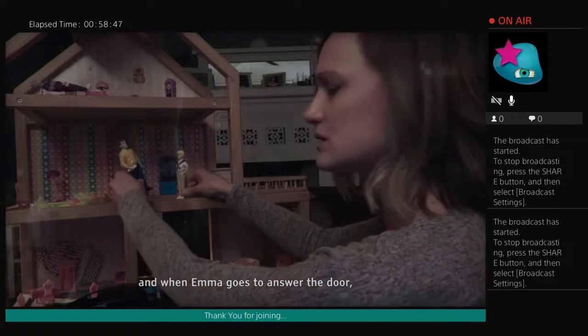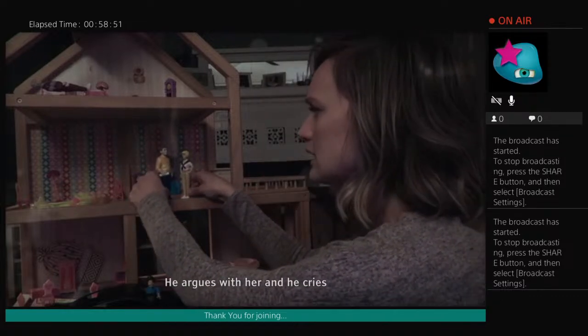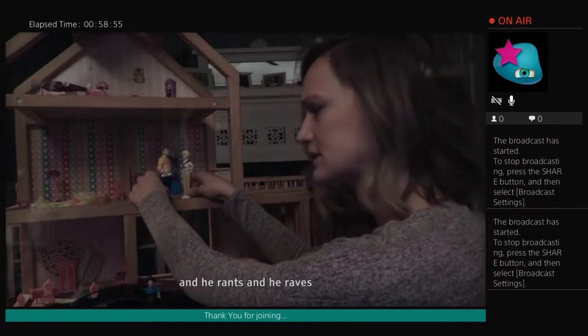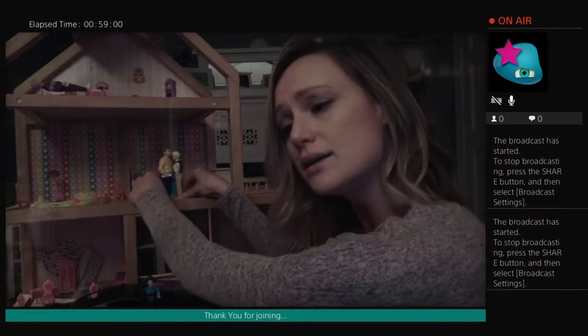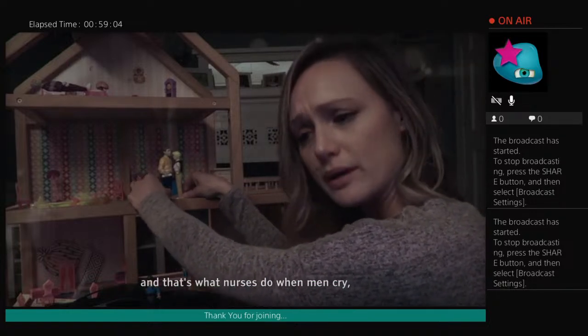And when Emma goes to answer the door, Paul pushes his way in. He argues with her and he cries and he rants and he raves. And Emma gives him a hug because she's a nurse and that's what nurses do when men cry.